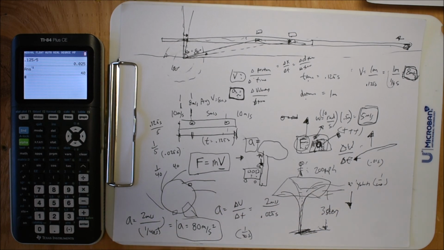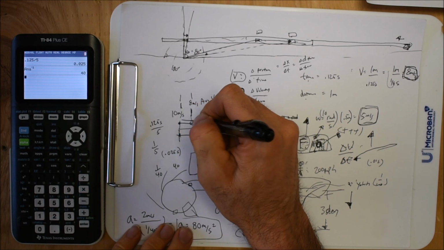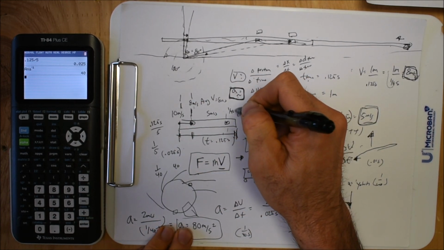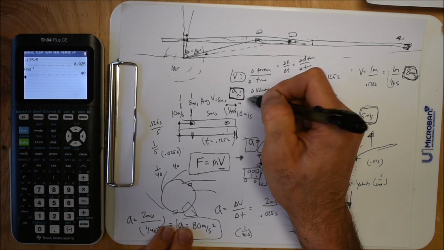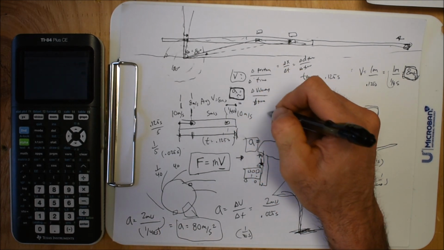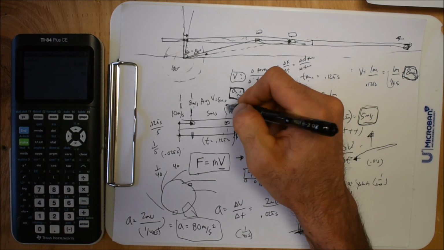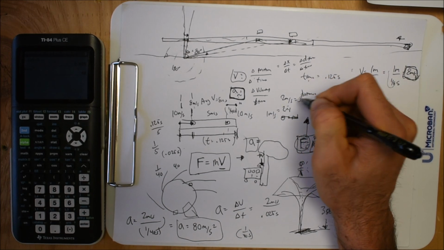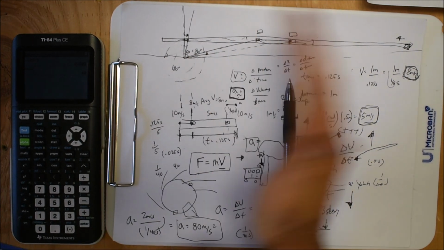And why? Because you only have 1/40th of a second to slow this down to 8 meters per second. If you're over here, you only have 1/40th of a second to speed it up from 8 to 10 meters per second. And 1 meter per second is about 2 miles an hour, 2 point something, so 2 meters per second is about 5 miles an hour. In a 40th of a second, you're going 5 miles an hour faster.